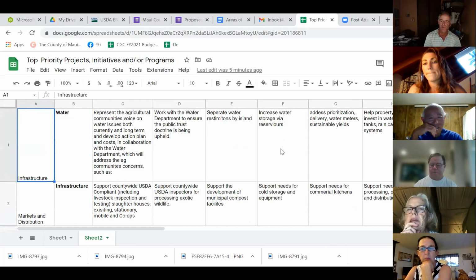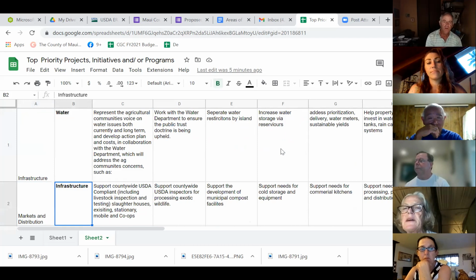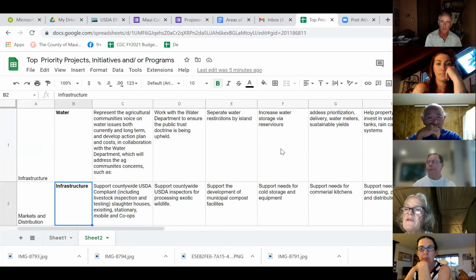I'm wondering if anything should be specified, because the county is planning to dig more wells to ease dependence on the diverted water from the streams.